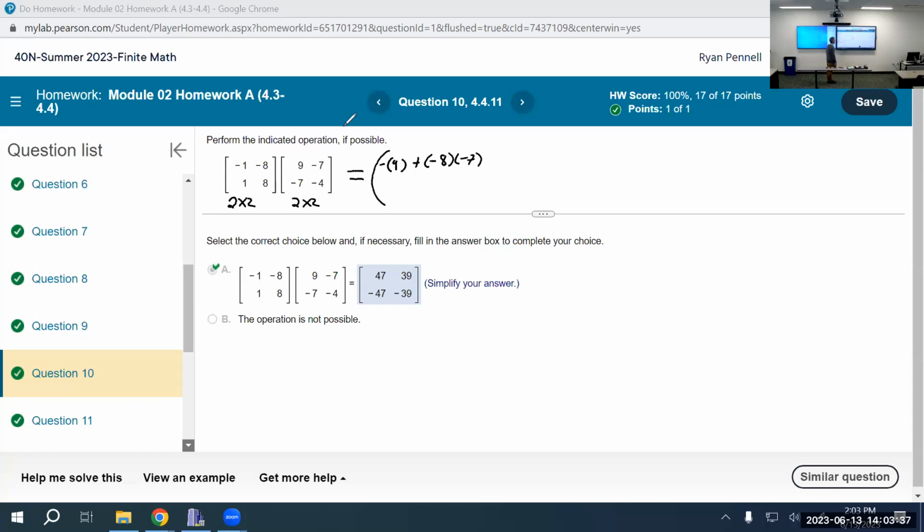That'll be the first entry, row 1, column 1. Now row 1, column 2: -1 times -7 is 7, and -8 times -4 is +32.